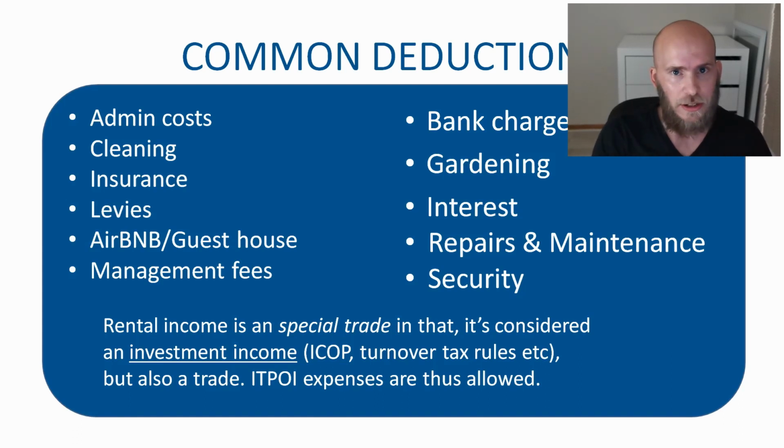But it's very important when it comes to why it's an investment income. For example, if you're married in community of property, the rental profits are split 50-50, because in community of property the property is owned 50-50 between the husband and wife. Also, rental income does not fall under the turnover tax definition.